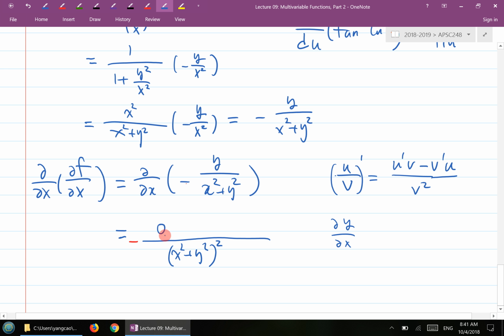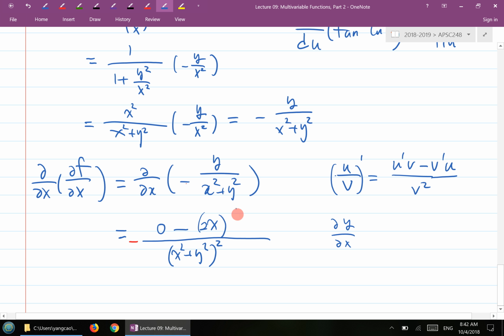Then minus the second term, v prime times u. v is the bottom here, so v prime is the derivative of the bottom with respect to x, and you treat y as a constant. The derivative of the bottom with respect to x gives you 2x, because the constant term's derivative with respect to x is gone.